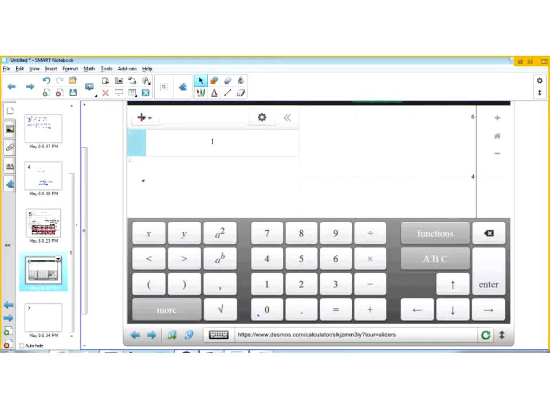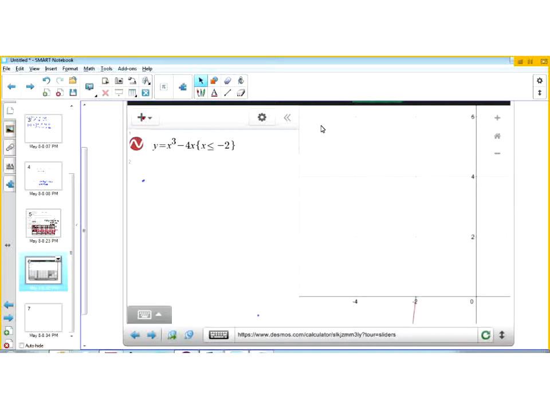Okay, so here's our graph. And so let's check. So y is equal to x cubed minus 4x, and we want to graph it for x less than or equal to -2.